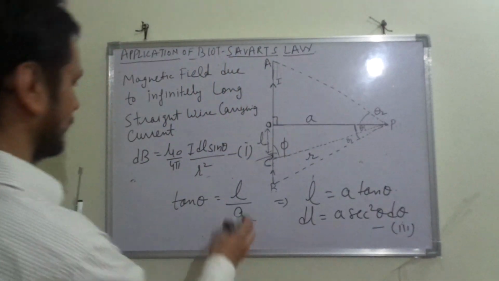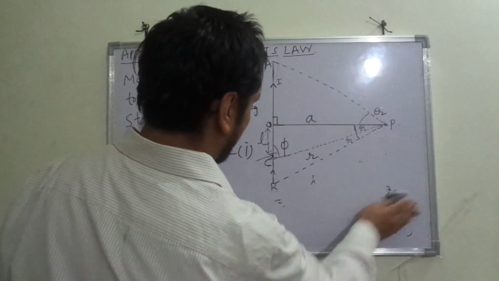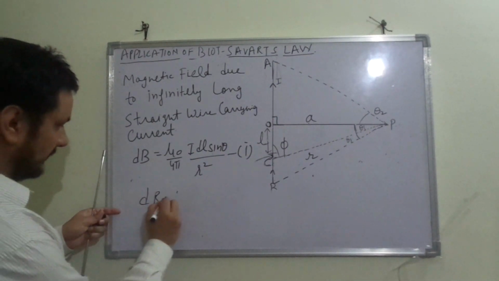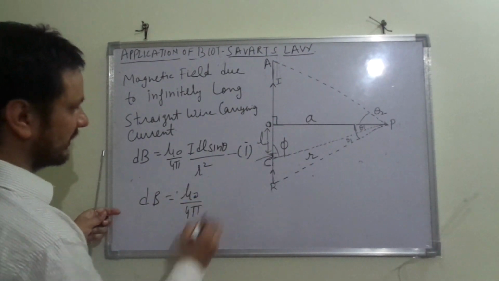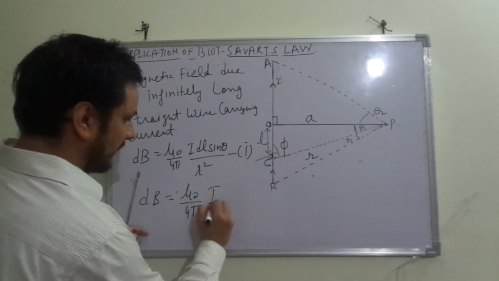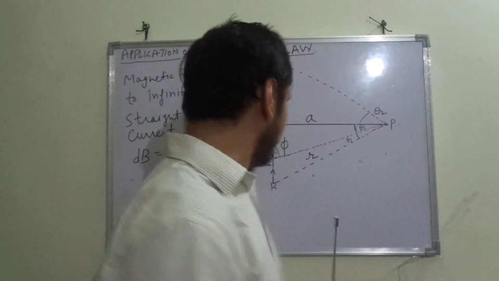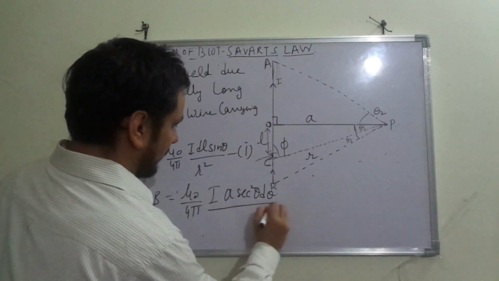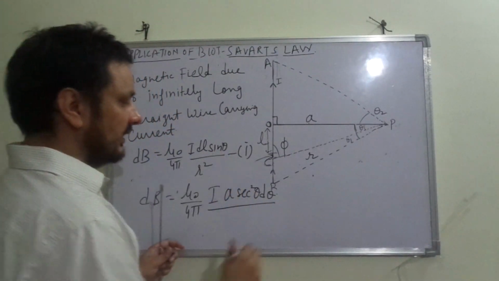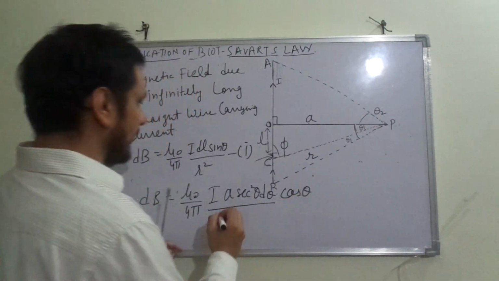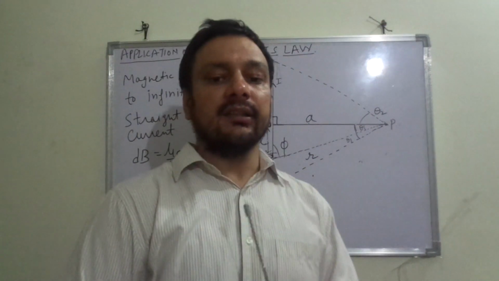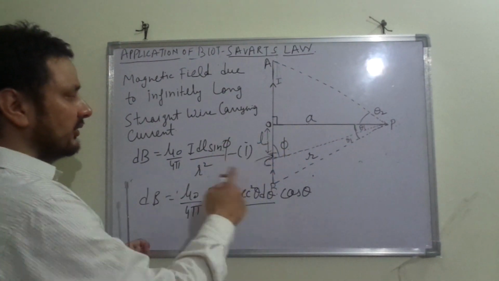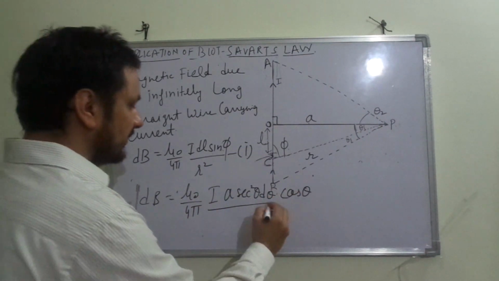Now just putting the values in equation 1. dB here is mu naught upon 4 pi. In place of dl you will write A secant square theta d theta, and in place of sin theta you will write cos theta, because we have seen sin phi is cos theta.